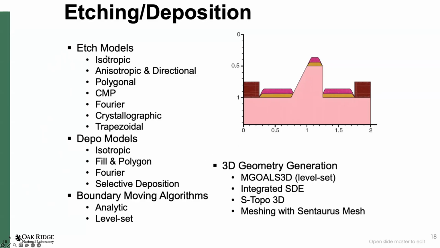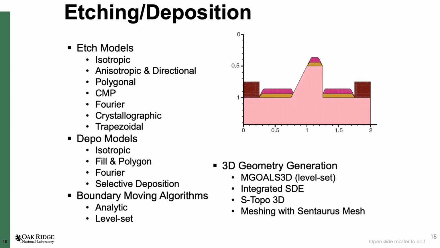You can etch in multiple ways, using different tools, or depending on how you're working on the crystal, or you can do whatever you want for the fun of simulation, even something that's not physically possible. You have deposition models, so you can do isotropic, anisotropic deposition. You can do fill or liquid-like or sputtering-like deposition.